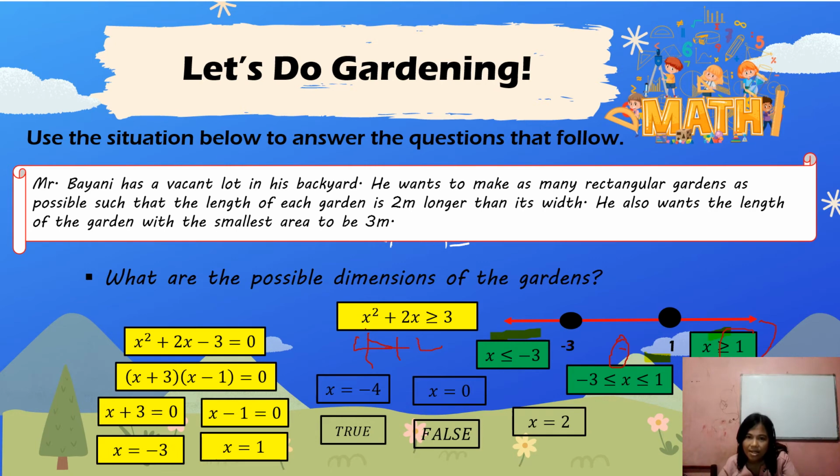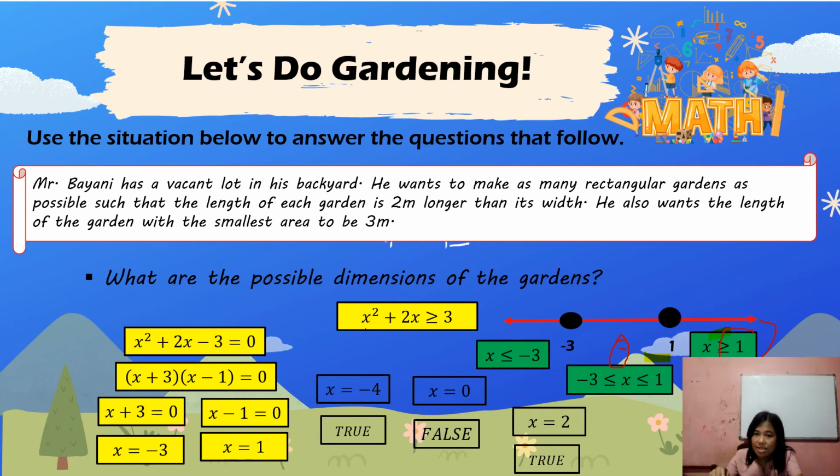Okay, so 4 plus 4 is 8. 8 is greater than or equal to 3. True or false? Okay, 8 is greater than or equal to 3 is true. Alright, so since it's true, we now have our answers here. So we have 2 true values.